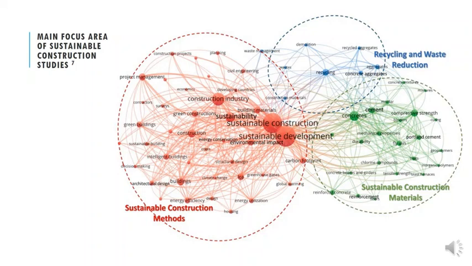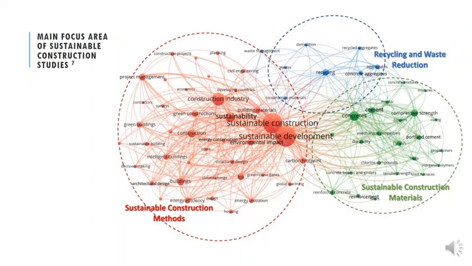As you can see in this diagram, there are three clusters, differentiated by three colors: red, blue, and green. It shows three subdisciplines of sustainable construction studies. You can adjust the clustering resolution to make it simpler or to have more detailed subdisciplines.